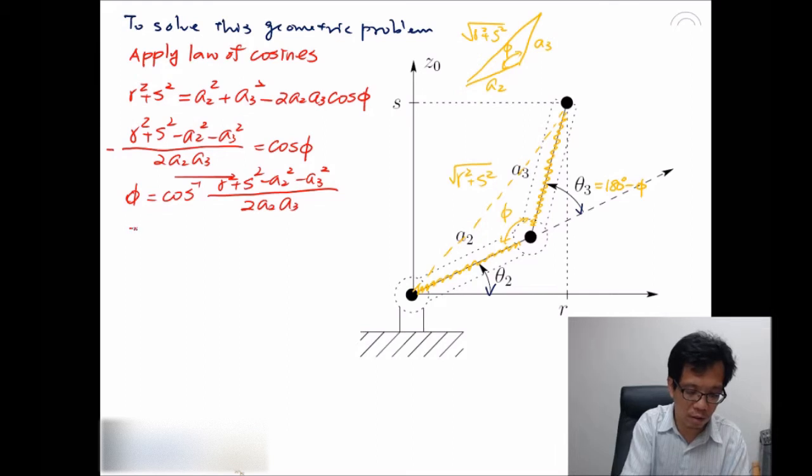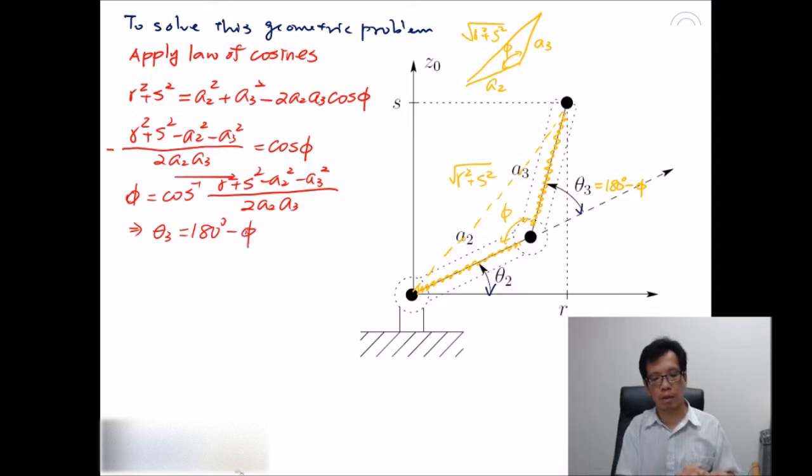Okay, so theta 3 is going to be 180 minus phi. That would be something that we're going to do.